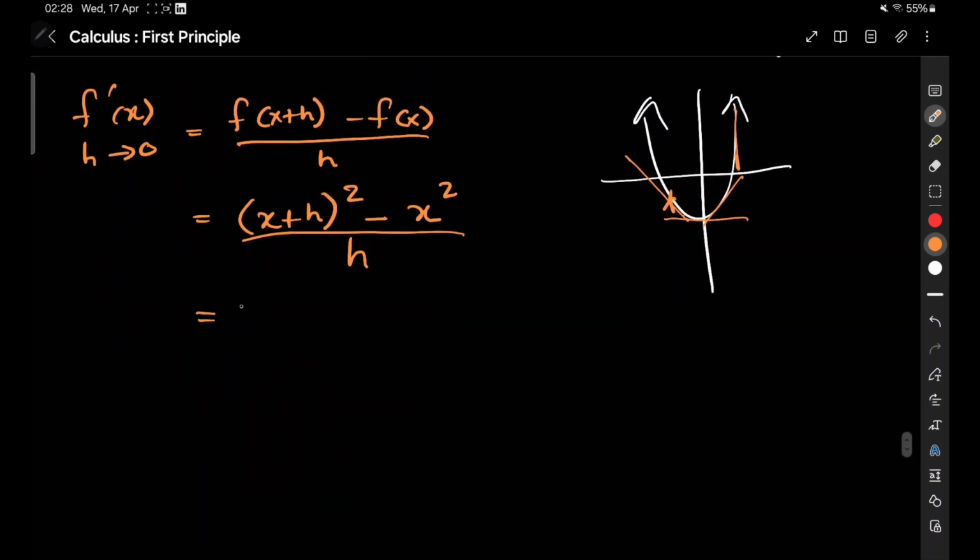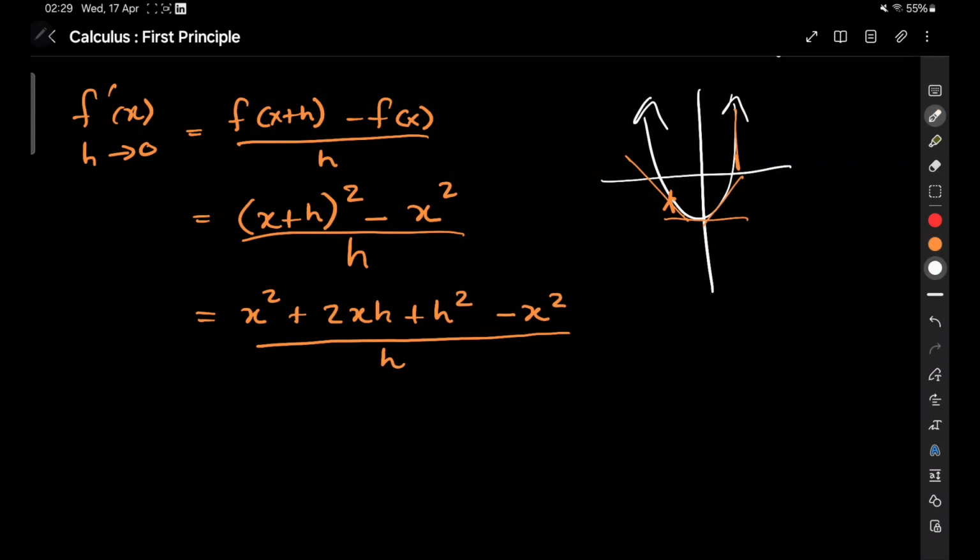Now, if we further simplify this, we're going to get x squared plus 2xh plus h squared minus x squared all over h. If we look for like terms, we have x squared and x squared canceling each other.